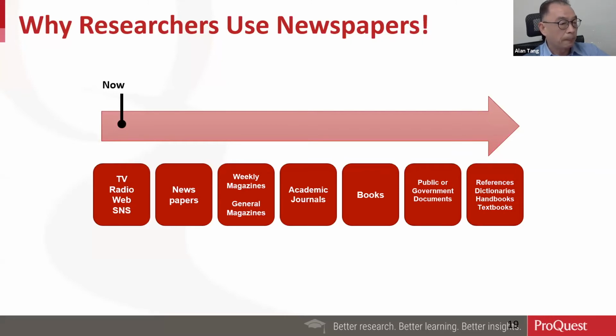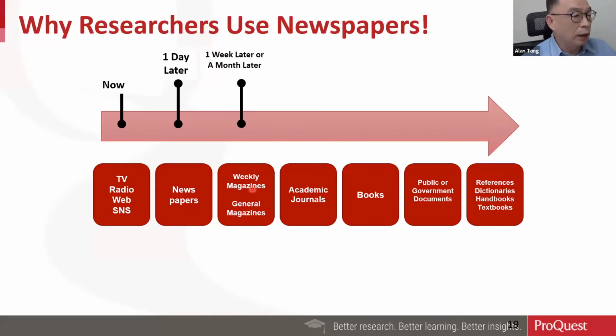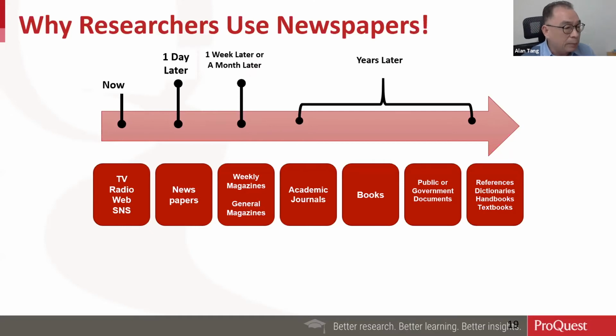A newspaper, we can get one day later. A weekly or sometimes bi-weekly magazine is a week later, or at most a month later. But for academic journals, books, and government documents, it takes years.